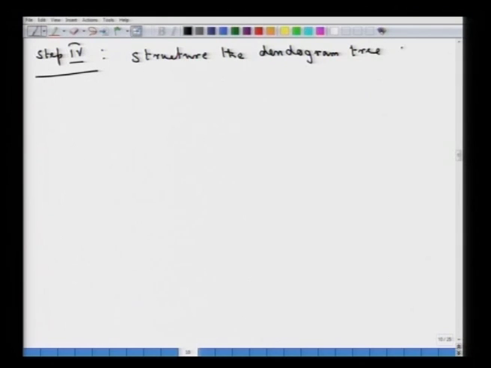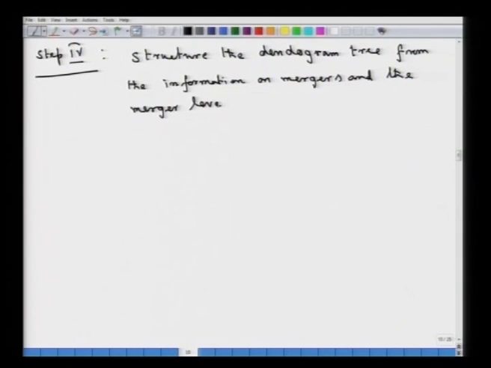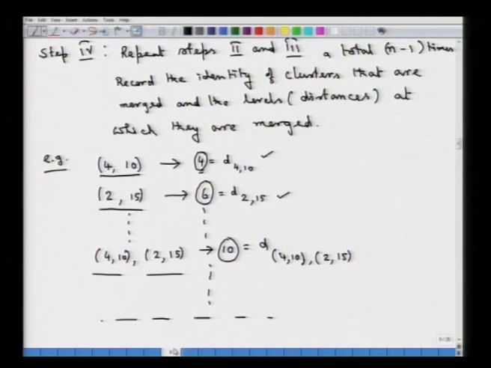Structure the dendrogram tree from the recorded information, from the information that we have collected at all these n minus 1 steps, information on mergers and the merger levels. Right. So, these are the steps that are involved in constructing an agglomerative hierarchical clustering approach.